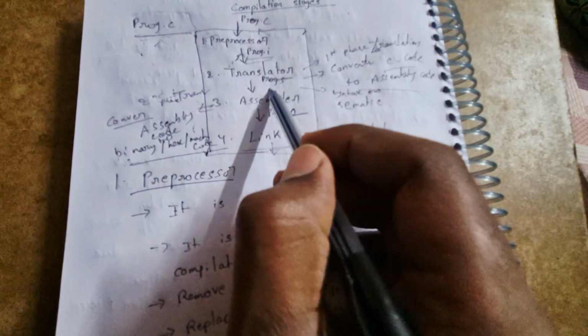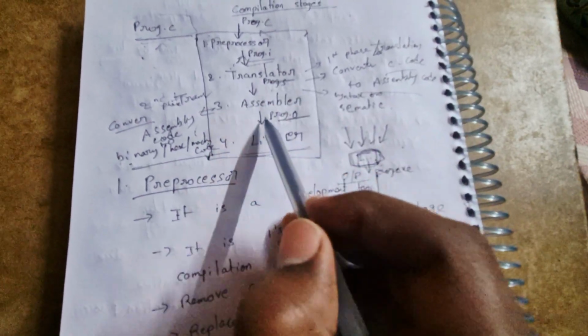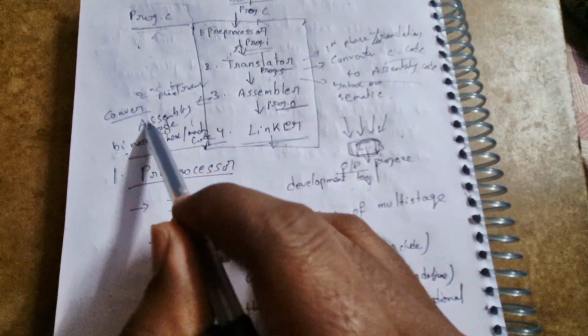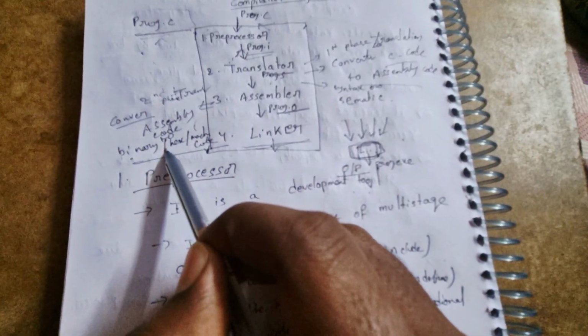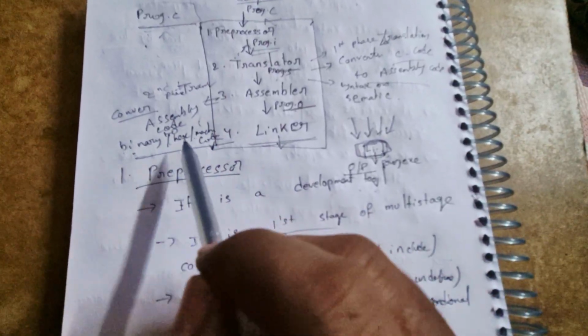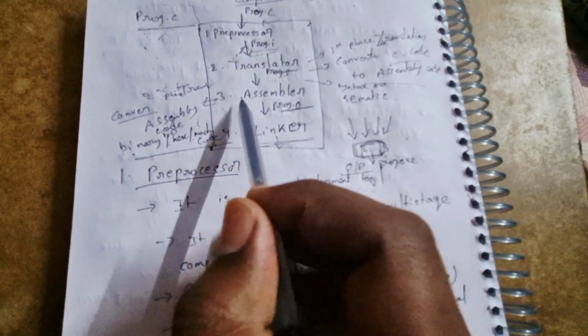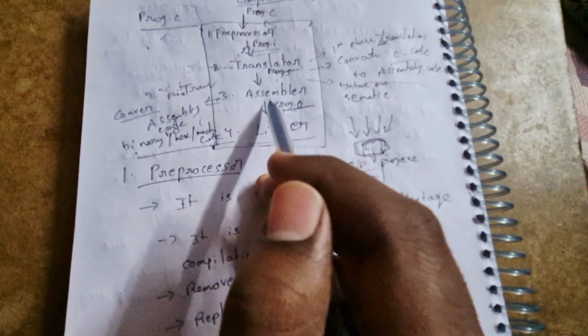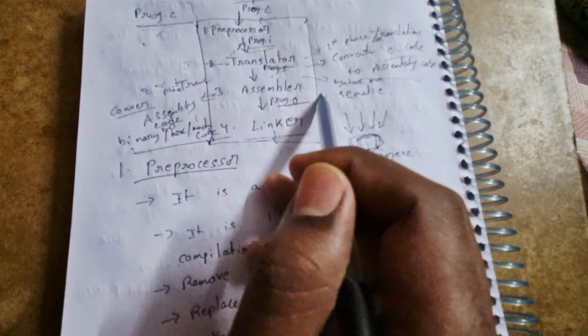After that, the assembler converts the assembly code in program.s to binary or machine code. The translation is the first phase, and the assembler is the second phase of translation.